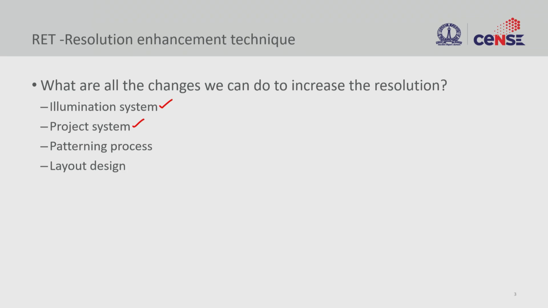Is there something we can do there? And then the next thing is processing technology. So processing meaning the resist that we use, and then how we process the resist and so on, whether we can do something there. And finally the layout design itself, can we do something to the design that will make some changes. So these are all the places where you could make an improvement in resolution. Let's look at one by one.